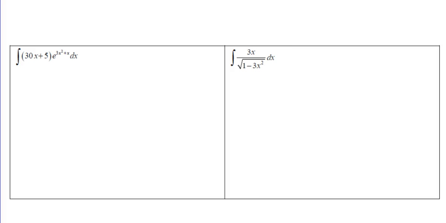Look at this. This is a multiple of 6x plus 1, right? 5 times that. So we'll be able to get this and this. So u is equal to 3x squared plus x. du is equal to 6x plus 1 dx. Sorry, yeah.